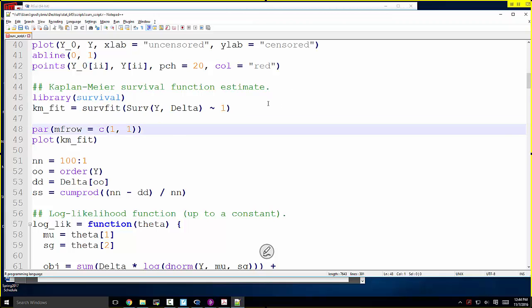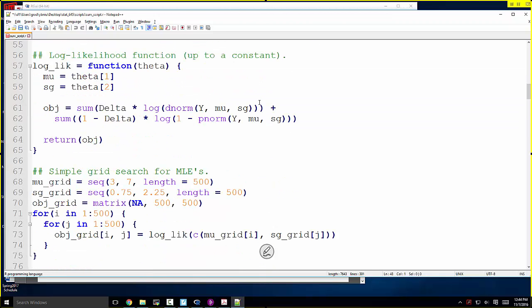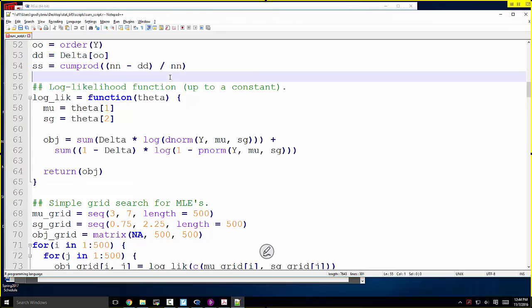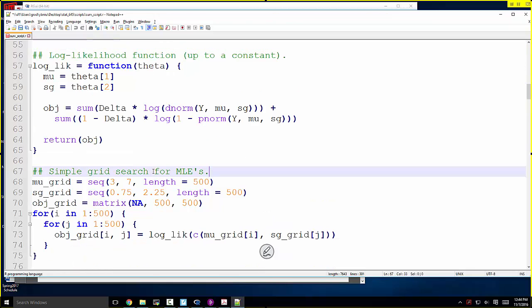And we could do maximum likelihood in two different ways. The first way we did it was to do a grid search. We have two parameters for the survival probability distribution. There's the mean and there's a standard deviation. So one way to do a maximization exercise is to consider a partition of values for the parameters of interest.